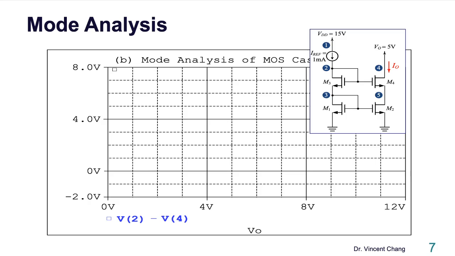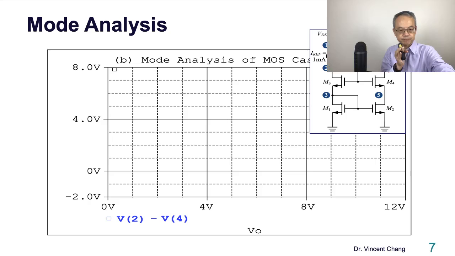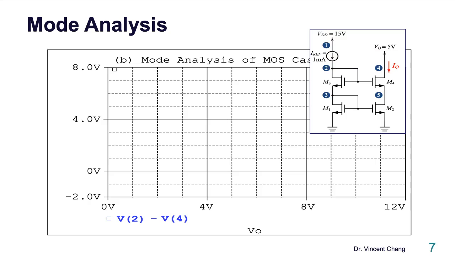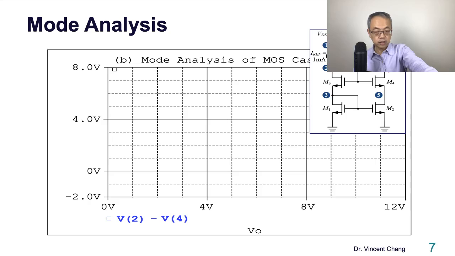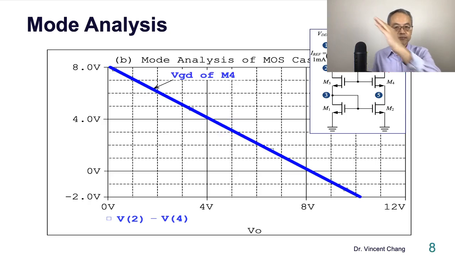Because when VO keeps rising, VO is V4, the node 4. Watch carefully. So when VO goes up, naturally the difference goes down like this. So this curve shows the VGD of M4.